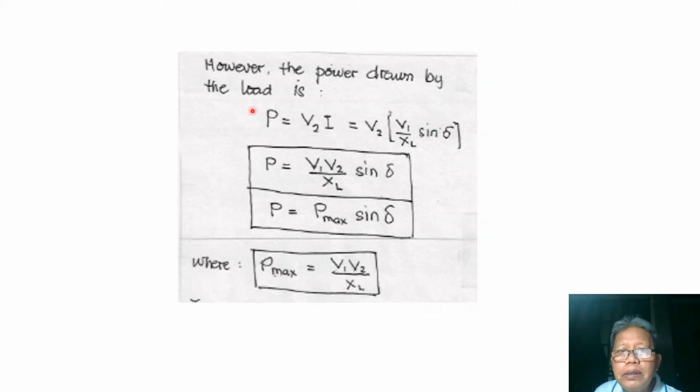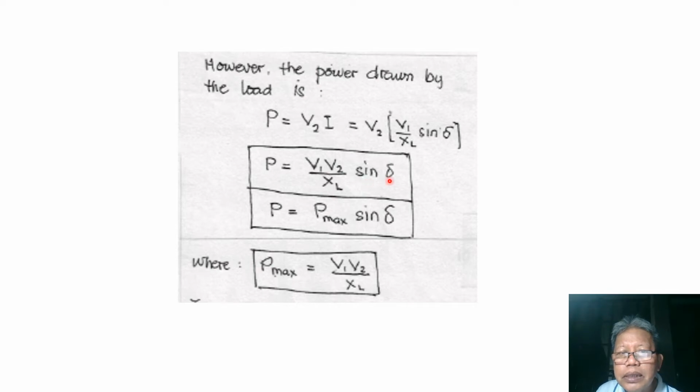Now, the power drawn by the load is equal to V2 times I. Substituting the value of I, we have V2 times the quantity V1 over XL times the sine of delta. So simplifying, we have P equal to V1 times V2 in magnitude over XL times sine of delta.